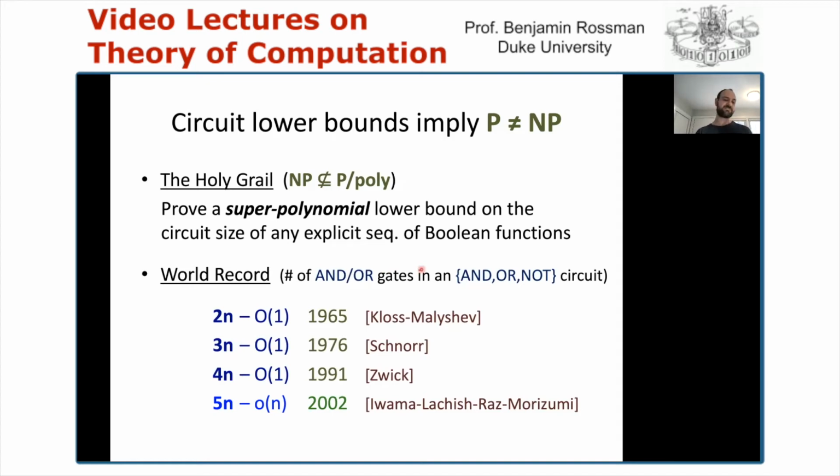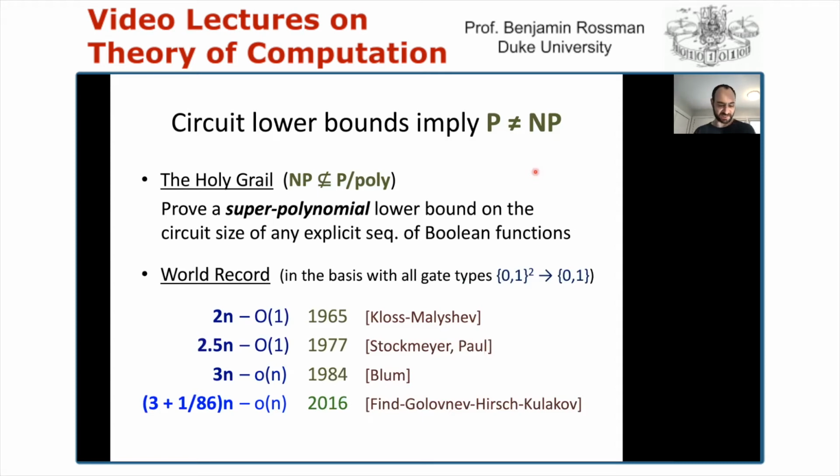As you can see, progress on lower bounds has been very, very slow. Currently, the strongest lower bound known is just shy of 5n. So we have merely linear lower bounds, whereas we need a super polynomial lower bound to resolve big open questions.